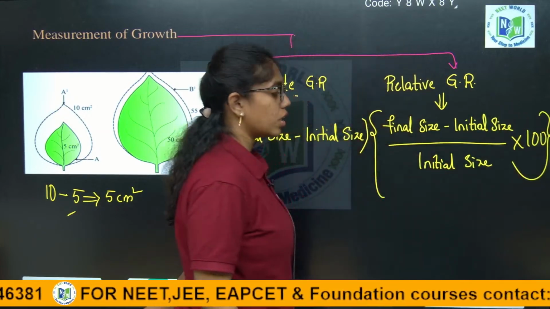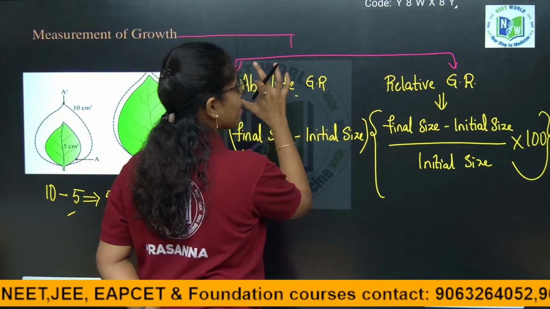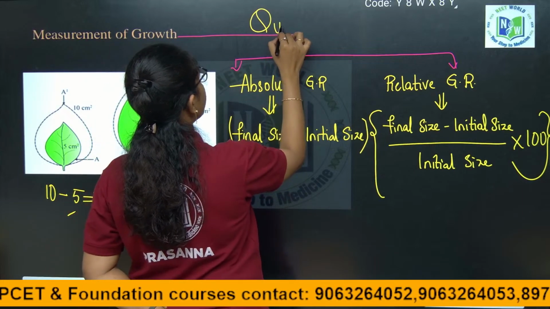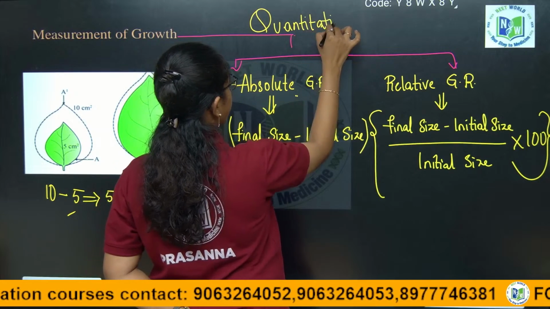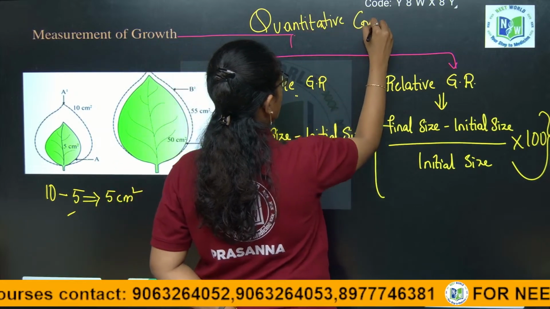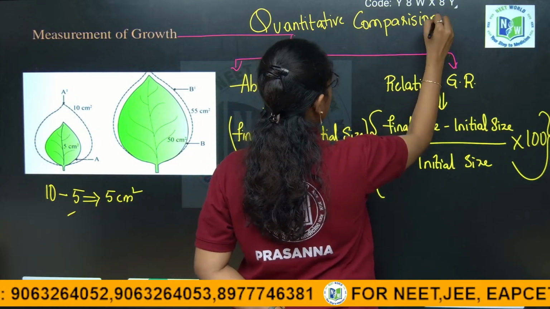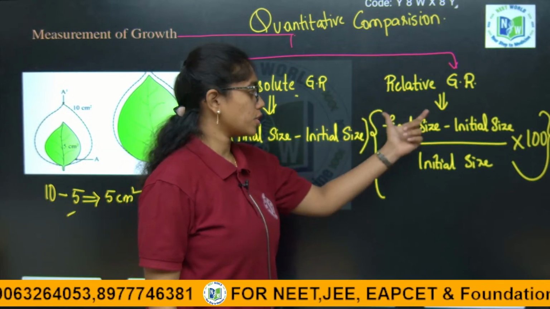Final size minus initial size by initial size into 100. So, both this absolute growth rate and relative growth rate are quantitative comparisons of growth.